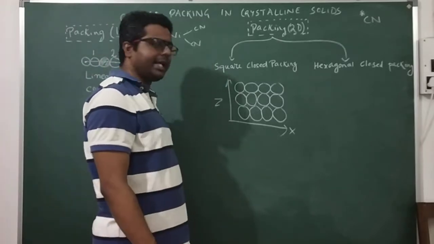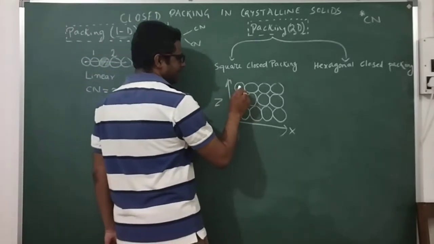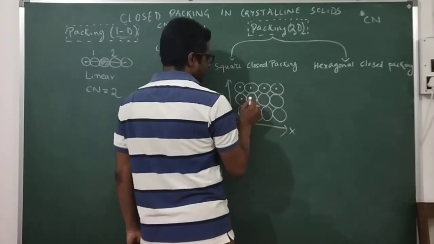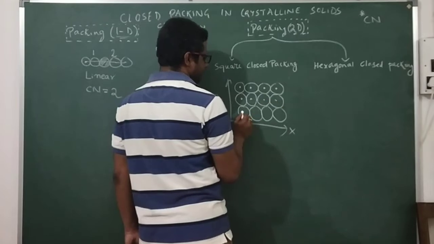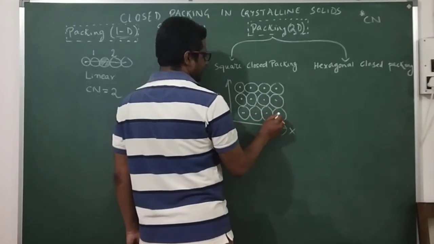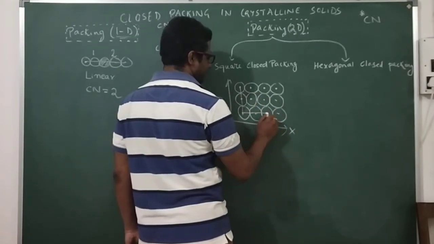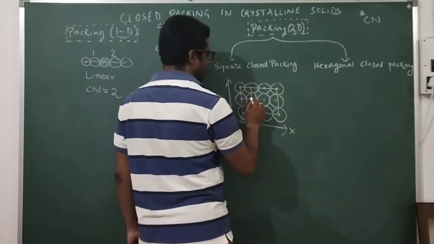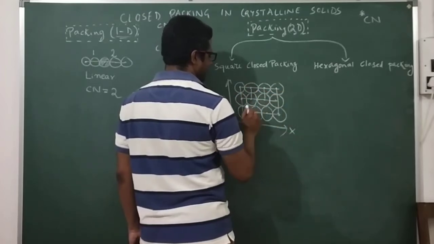Now again, if you take the centers of each atom over here and join them, see, it is forming squares, right?